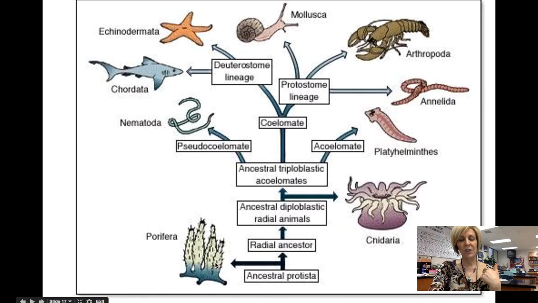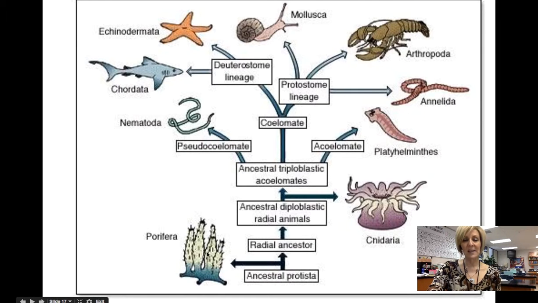You might think, well, a sponge doesn't move, it just sits, it's sessile, right? But the larva form of a porifera does move, and so technically that's why we stick it in this kingdom. So we have the ancestral Protista, which are one-celled organisms that we think were the ancestors of animals, which we'll talk about in a minute.